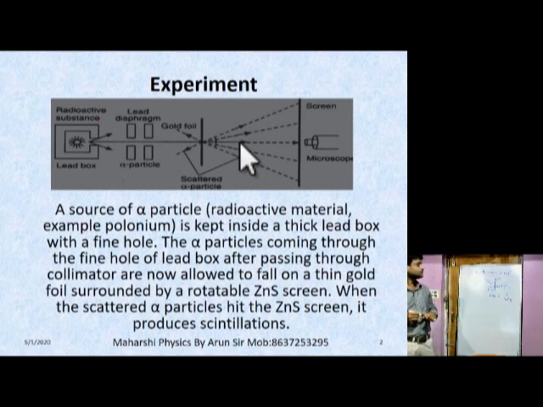Clear? And if a graph is plotted between theta and N theta, then this type of graph is obtained. Here, this is the theta axis and this is the N theta axis, and the graph is like this. Clear?